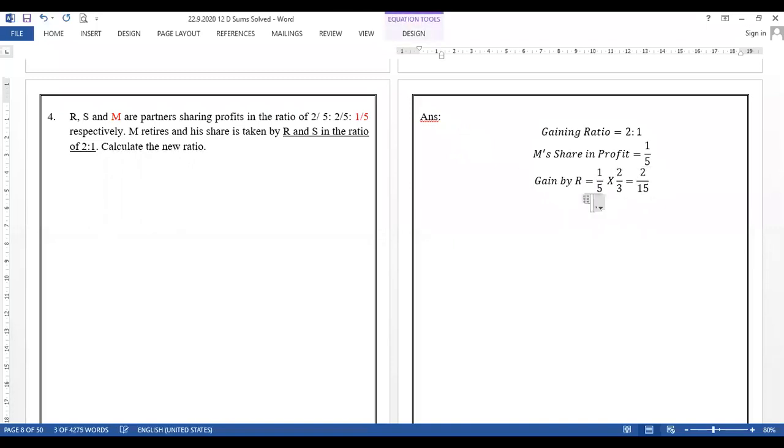In the same way, gain by S will be 1/5 into 1/3, so that is 1/15. So again the gaining part, we can see that 2/15 and 1/15.